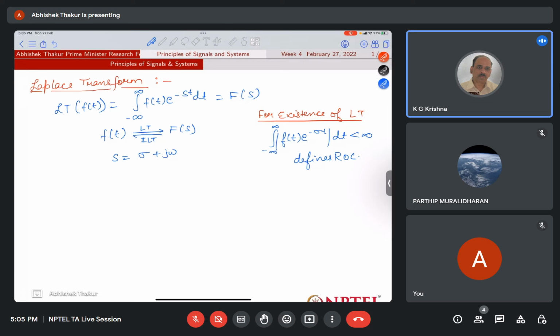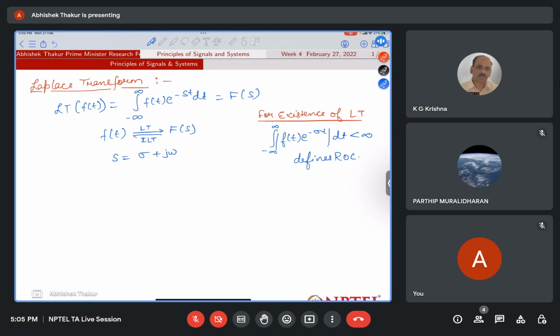The magnitude is mod of f(t) times e to the power minus sigma t, and not minus st, because we are taking it with respect to sigma only. Later on we will discuss there are different regions of convergence.